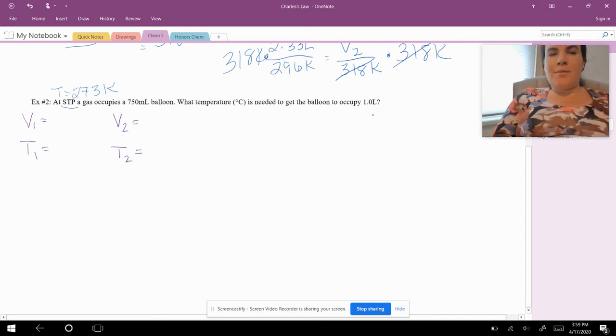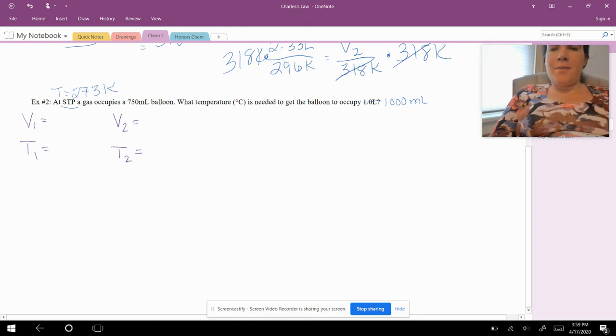These aren't matching because of sig figs. It wanted 2 sig figs. So there are 1,000 milliliters in a liter. So for this one, we're going to rewrite that as 1,000 milliliters. For our course, we won't do too many where you have to convert the units, but you do want to make sure they match on both sides.